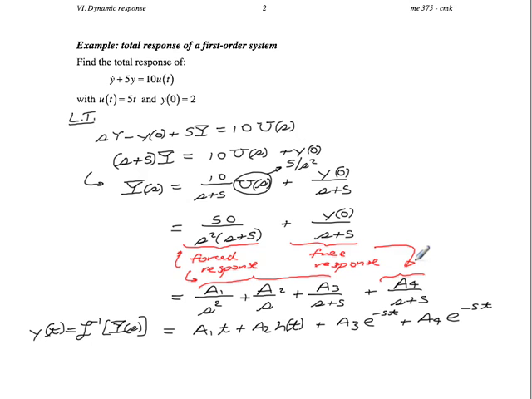But once we look at the response, we see that the long time response, the steady state, is only the first two. Whereas the last two are transient. They die away with time.